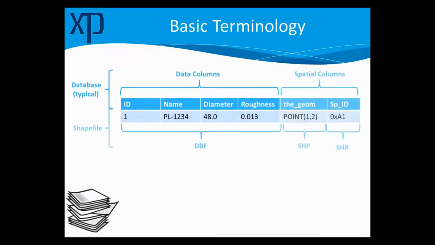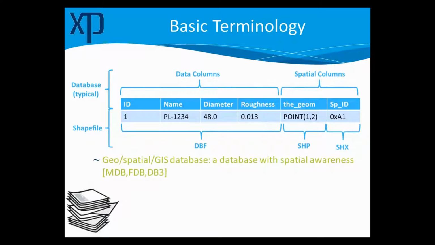But since we're talking about GIS, there's also databases with spatial awareness, and that's a very loose concept because different databases have much different types of spatial awareness. You may have heard them called a geodatabase, a spatial database, a GIS database.